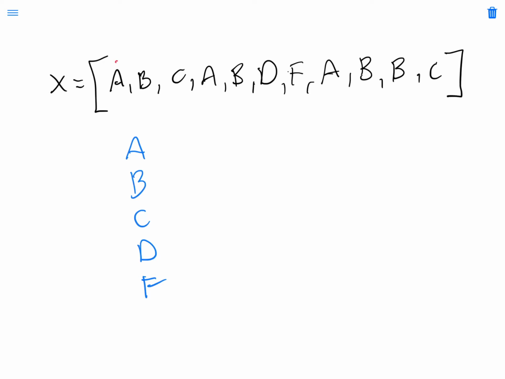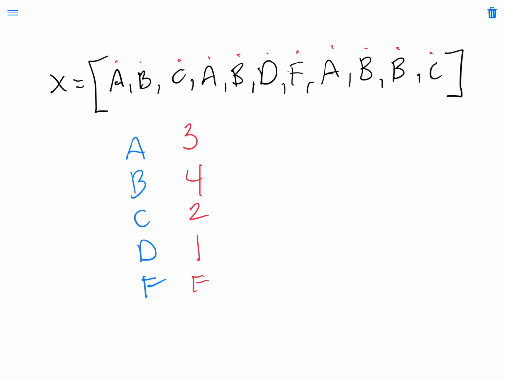So we have 1, 2 A's, 1, 2, 3, 4 B's, 1, 2 C's, 1 D, and 1 F. And it looks like we left off 1 A. Okay, so that's a simple table.